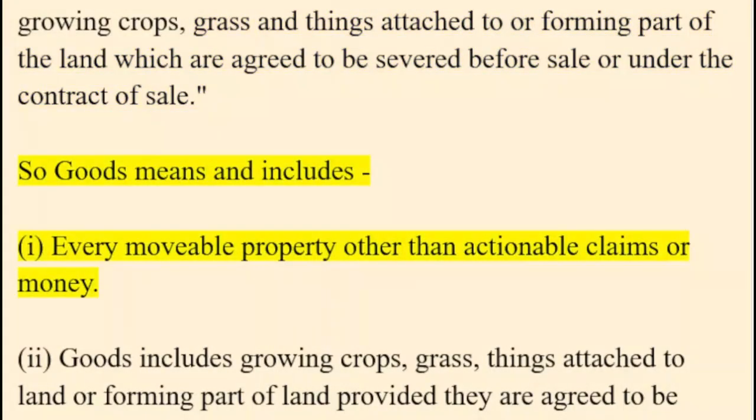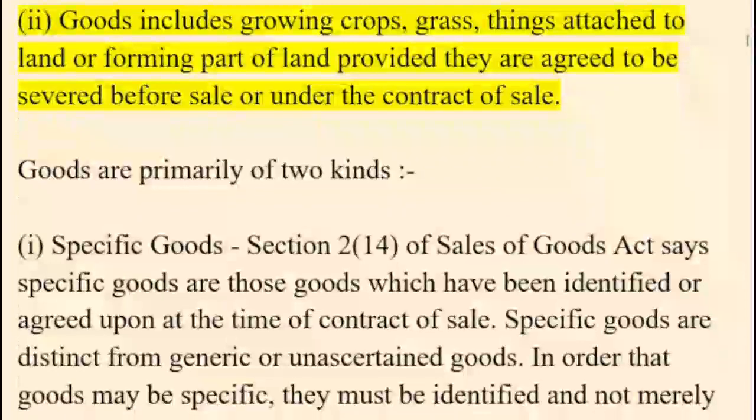So goods means and includes: I. Every movable property other than actionable claims or money. II. Goods includes growing crops, grass, things attached to land or forming part of land, provided they are agreed to be severed before sale or under the contract of sale.